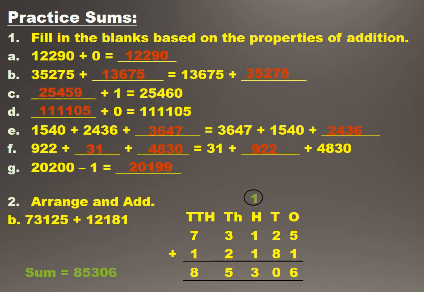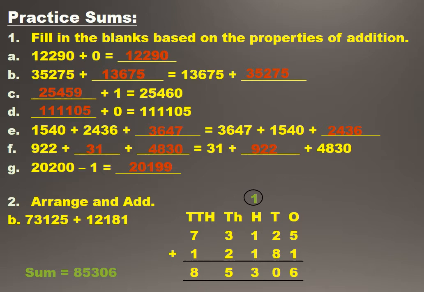Clear? C part, fill in the blanks: the first number plus 1 gives you 25,460. So the number plus 1 is equal to the successor or the next number. So which number comes here? The number before the given number, that is 25,460, less than 1 equals 25,459.